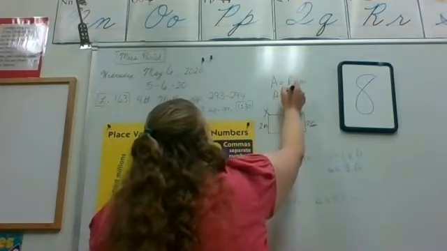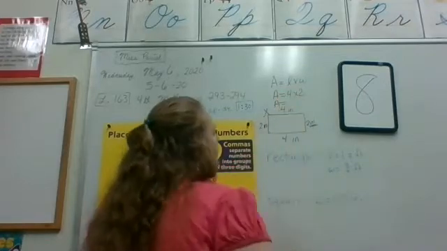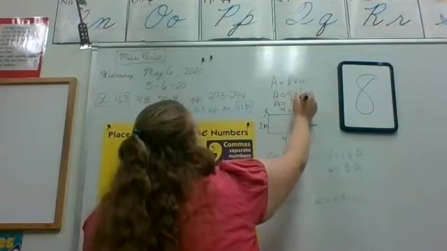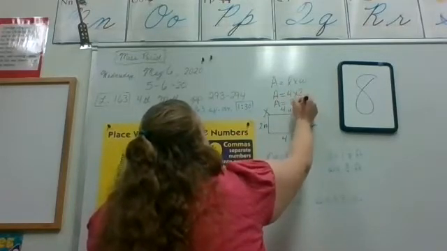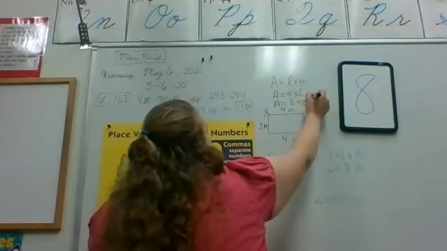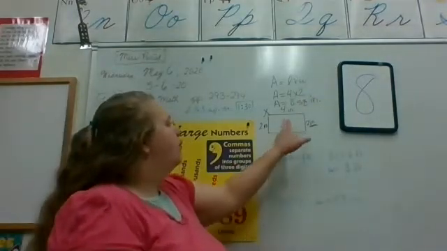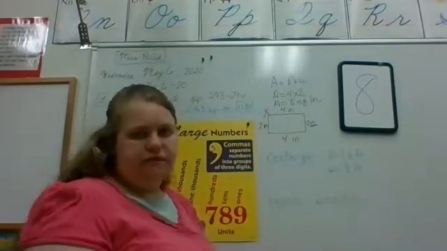So A equals 4 times 2. What is 4 times 2? 8. And don't forget that for area, we have to put square inches. So 8 square inches would be the area of this rectangle.